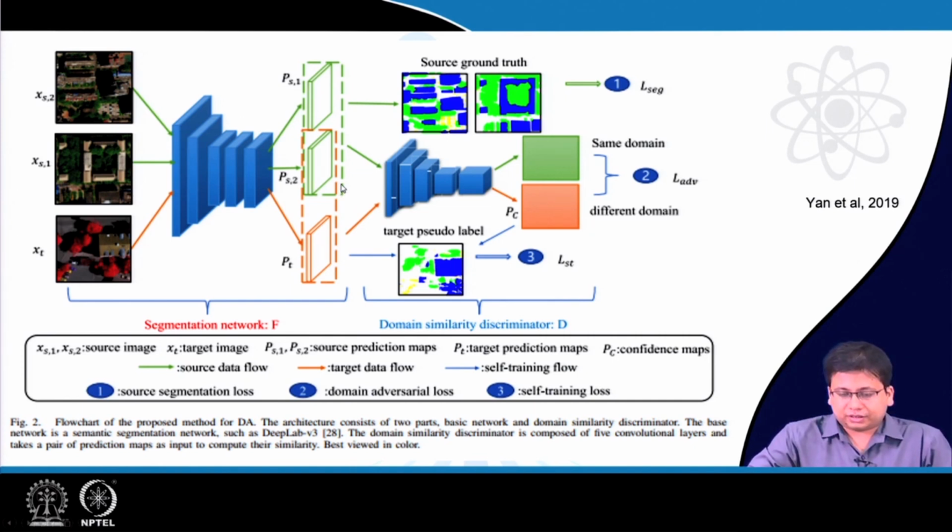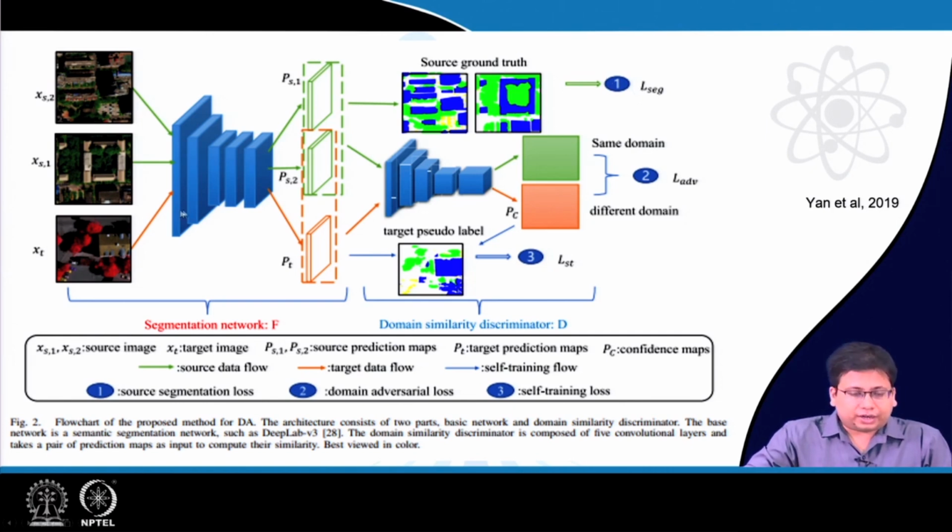The aim here is that the source image is compared to the ground truth and we get some kind of segmentation error. The prediction map which I am talking about is basically a segmentation, so this is a segmented image. The source segmented image is compared with the source ground truth and we get the segmentation error.